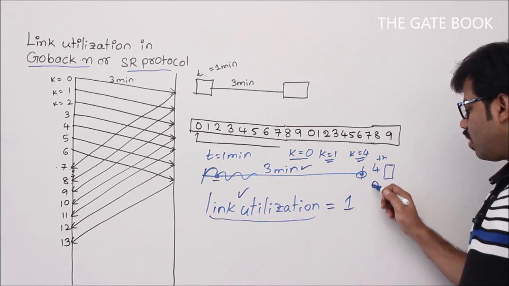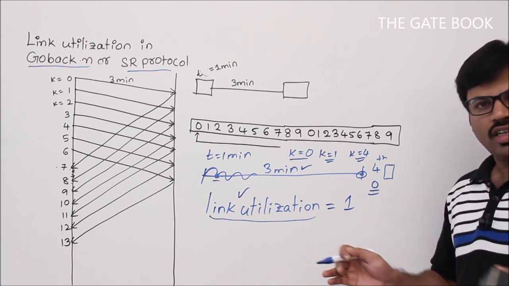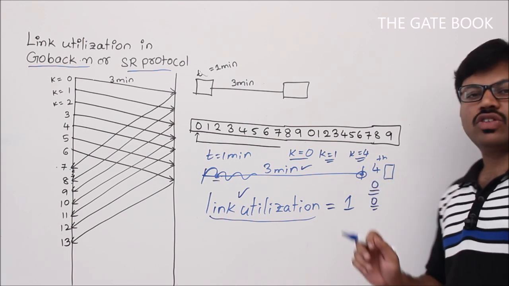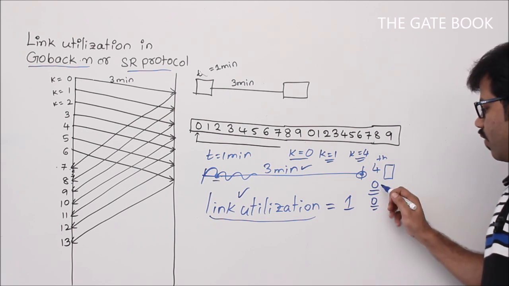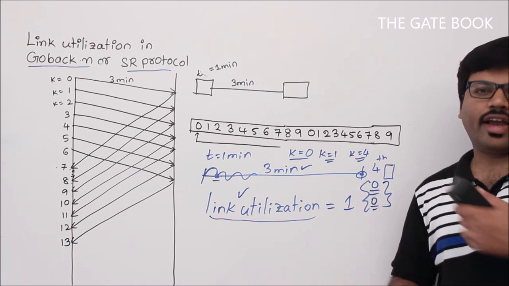Now if I assume that processing time is 0, then next he will send the acknowledgement, and assume that acknowledgement sending time is also 0. Otherwise we have to include that in the formula. For simplicity, assume no processing time, no acknowledgement time.